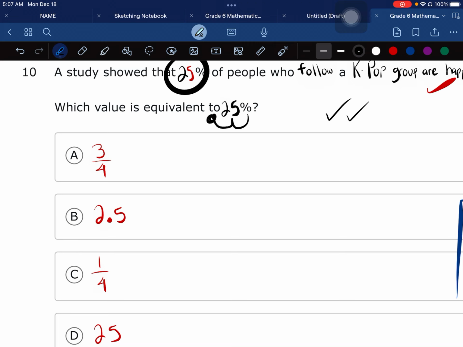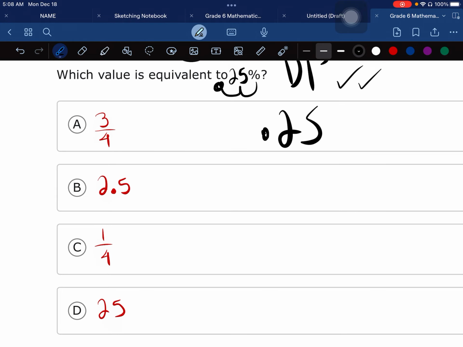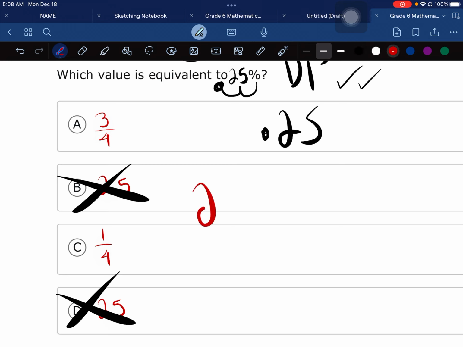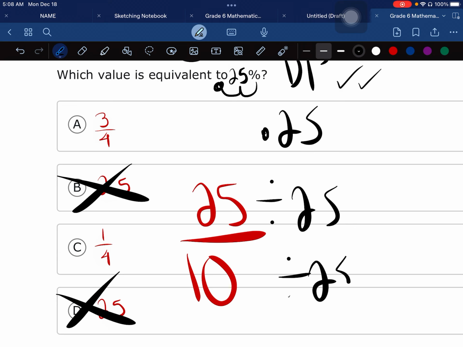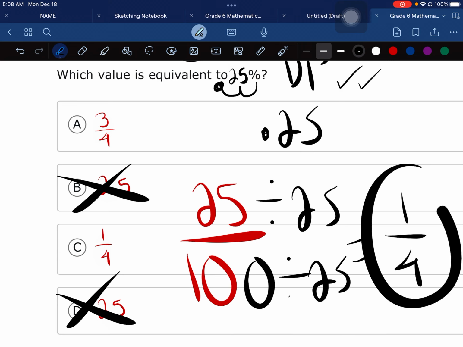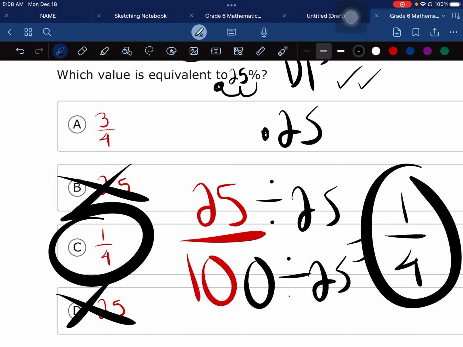First, you move it 2 times to the left. That's 0.25. We don't have that. So we cross out anything that does not look remotely like that. Then, chicos, how you say it is how you write it. This is 25 over 100. If we simplify by the number of quarters that these represent, this is your answer.